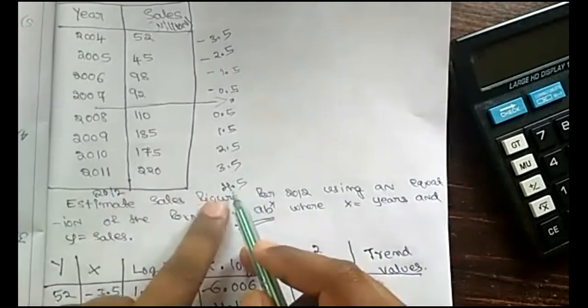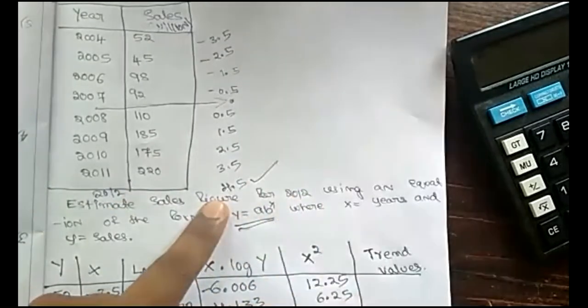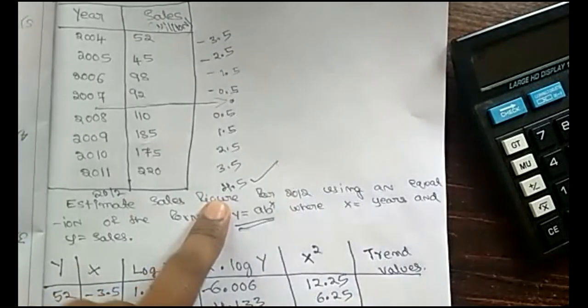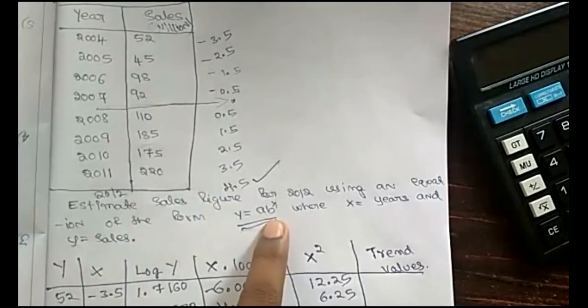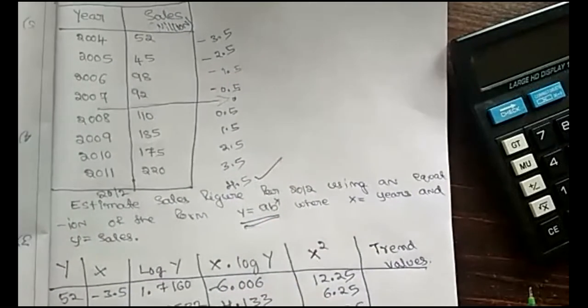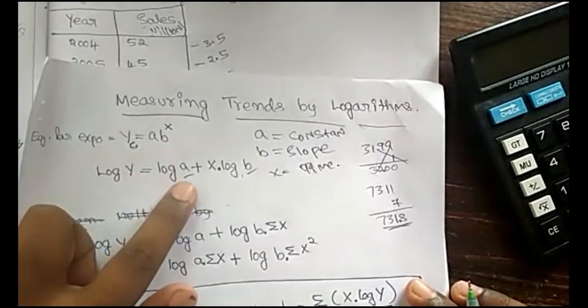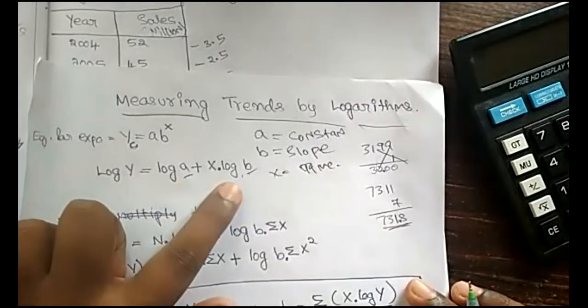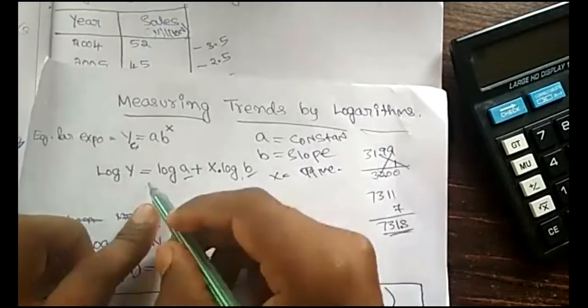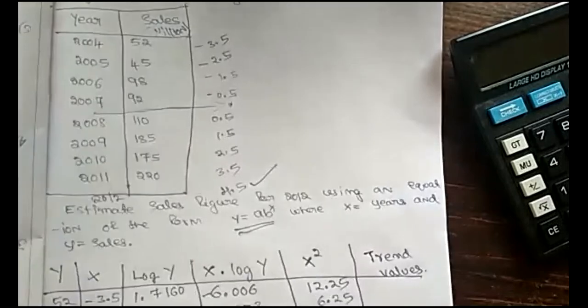For 2012, the value of x will be 4.5. So y is equal to a into b the power x, or we can use this equation log y is equal to log a plus x into log b. So we'll use this equation and estimate the value.